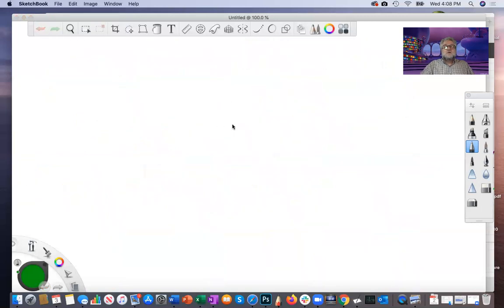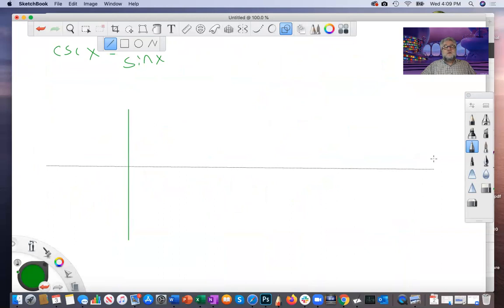Now, let's get cosecant x, and that's going to be 1 over sine. So let's draw sine, shall we? We shall. There we go.